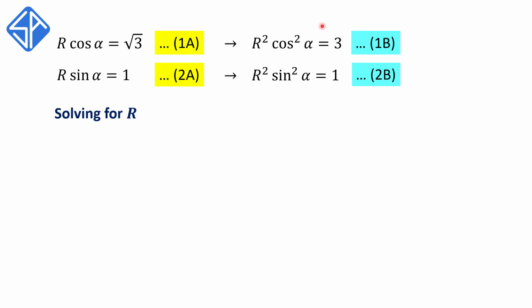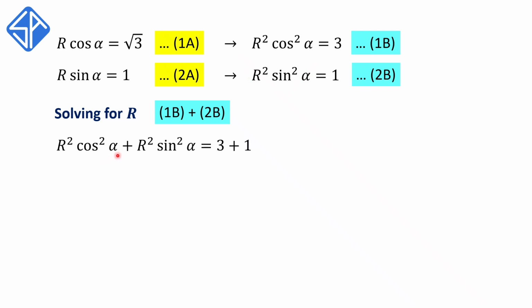We're going to add them together. So the left-hand side is the addition of r squared cos squared alpha plus r squared sine squared alpha, and the right-hand side is the addition of 3 and 1. We can factorize r squared from the left-hand side and rewrite it as r squared times (sine squared alpha plus cos squared alpha) is equal to 4.